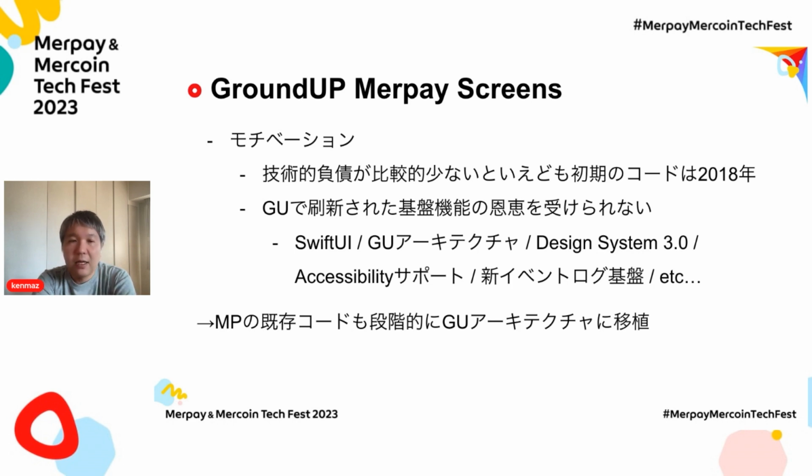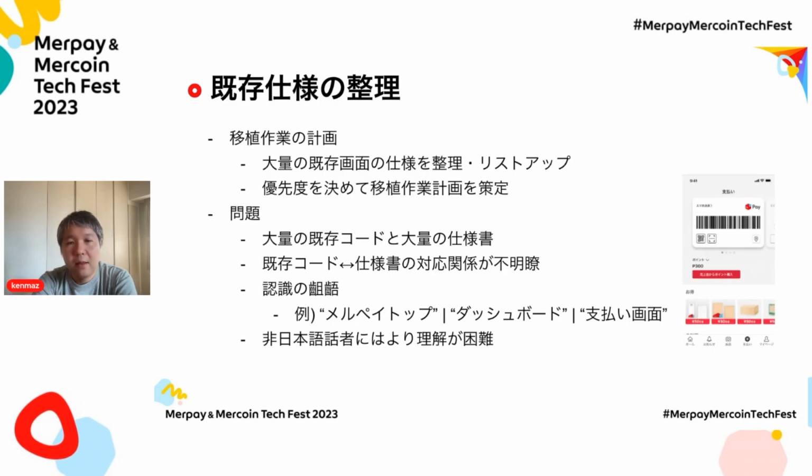Accessibility support is supporting the GU architecture and also the new event logs. This is more about the back end, but it is more optimized for the GU architecture. Because of that, Merpay's existing code should be moved gradually onto the GU architecture, and that was the decision that we came to.